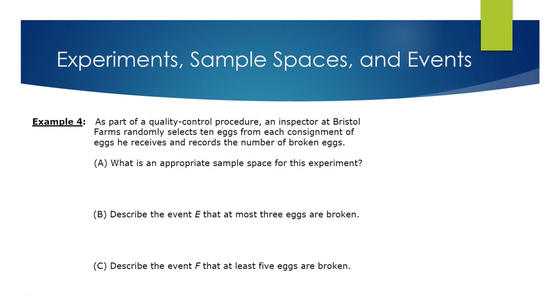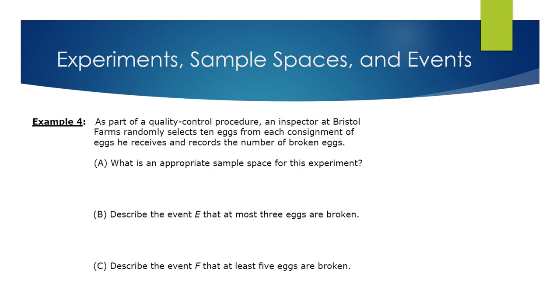So basically, what you want to use for these, before I turn you loose onto them, is this: when you're looking for an appropriate sample space, if we're going to let the numbers in this sample space stand for the number of eggs that are broken, you have to think, how many eggs could be broken?